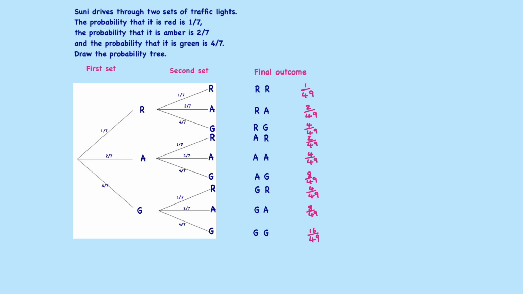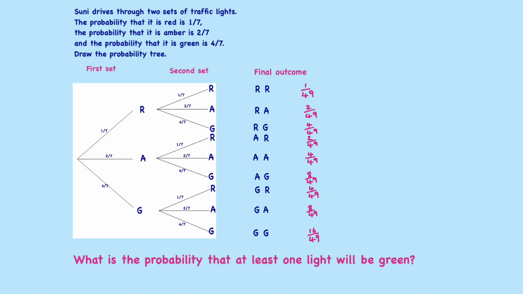So now that we have our 9 probability outcomes, let's look at a question. What is the probability that at least one light will be green? So that's at least one light will be green. We could have red and green. We could have amber and green, green and red, green and amber, and we could also have green and green, because it says at least one, so that could be one or more.